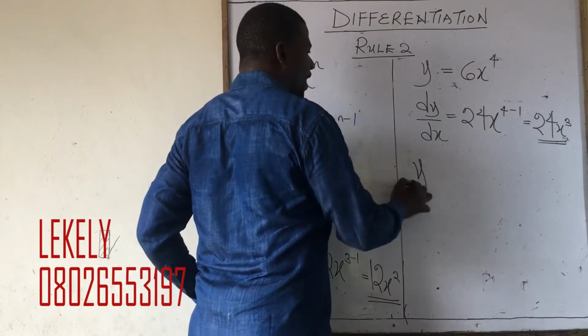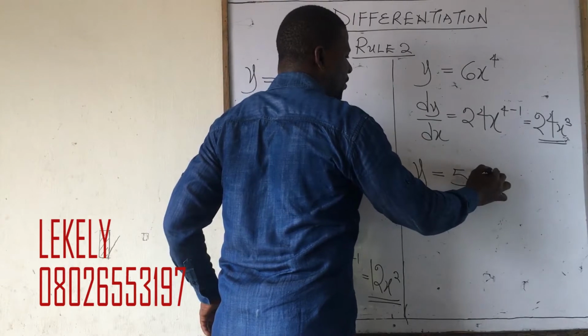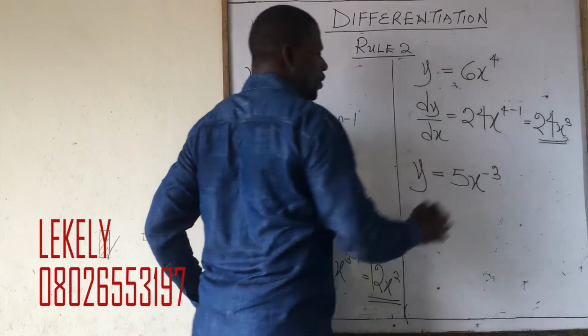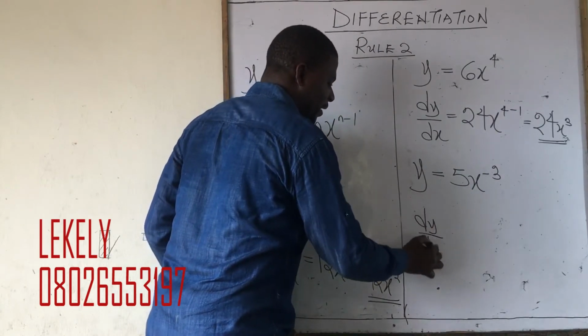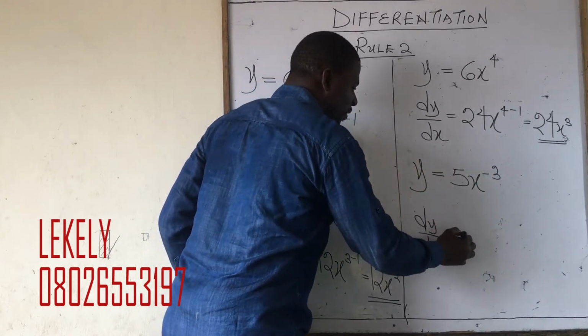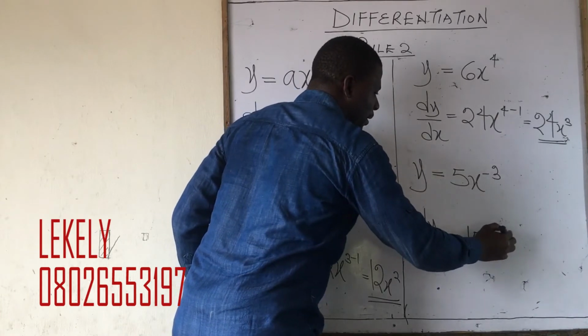Now, if you have y equals 5x raised to power minus 3. Look at this. How do you differentiate this? So your dy dx here is going to be minus 3 times 5. That will give you minus 15. Then minus 1 from this 3.